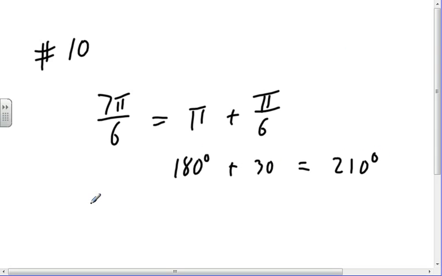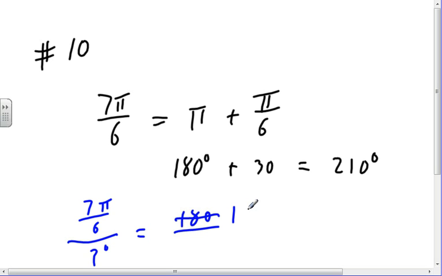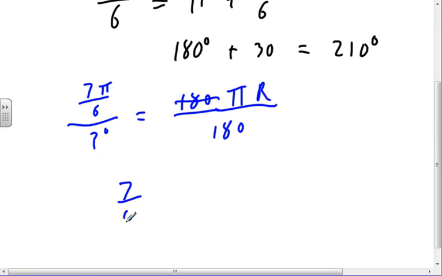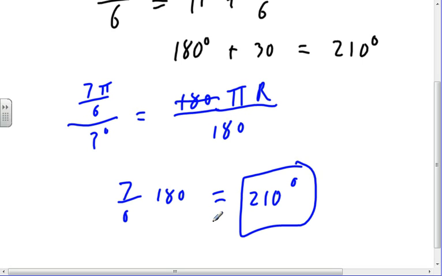Or I could say 7 pi over 6 is some number of degrees, as 1 pi radians is to 180. And then I could go 7/6 times 180 is 210 and get my final answer that way. I could go either way.